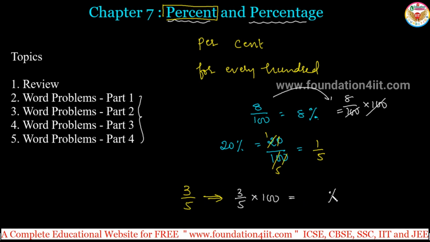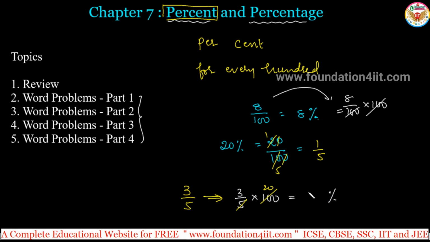Whatever answer you get, you must keep the percentage symbol. 5 twos are 10, 5 twos 10, 20, 3 twenties are 60 percent. So 3 by 5 is equal to 60 percent.